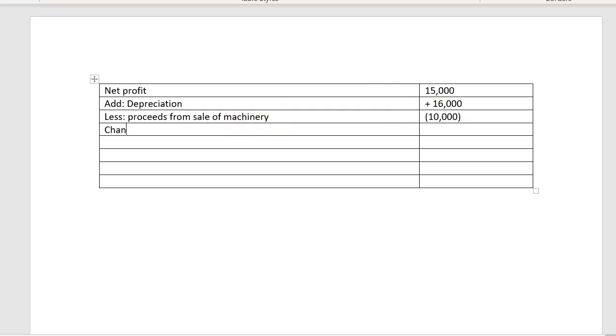Then you take changes in non-cash current assets and current liabilities.